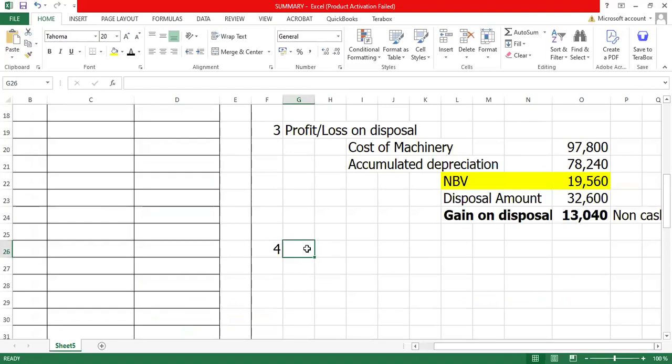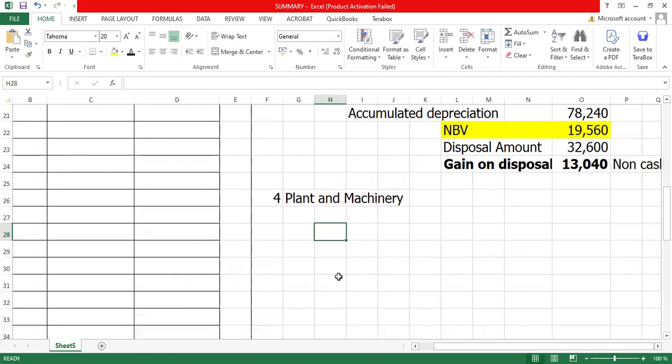When you look at our plant and machinery, we want to see whether the company purchased more assets or not. You need first to get the balance brought down.